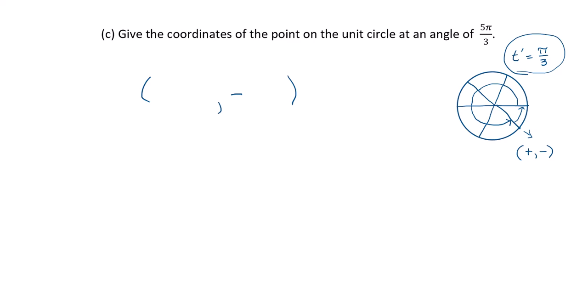So my x to get to that pi over 3 point is 1/2, and the y is going to be square root 3 over 2. We've already set it to be a negative, and so that gets us down to this over here, this negative square root of 3 over 2.